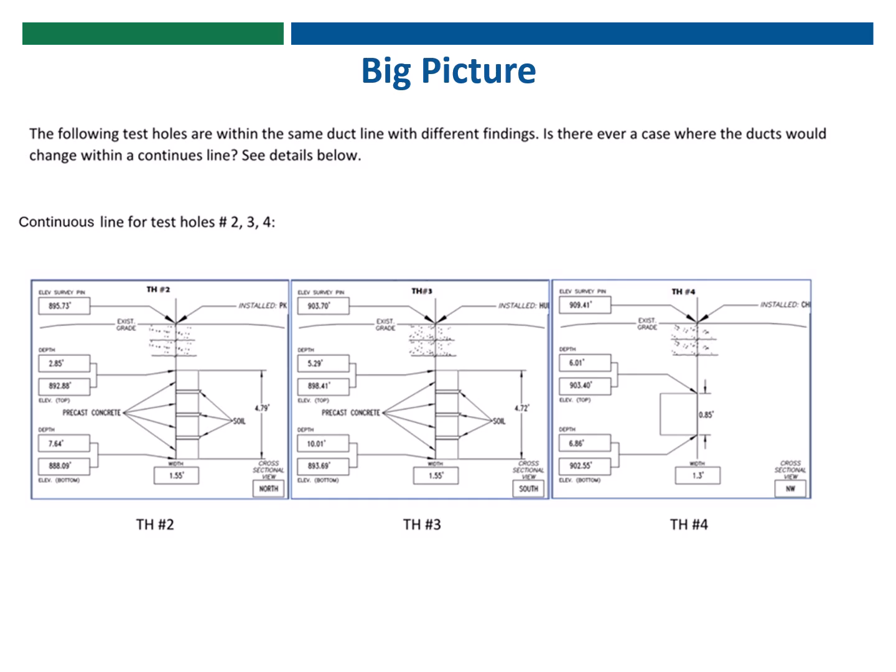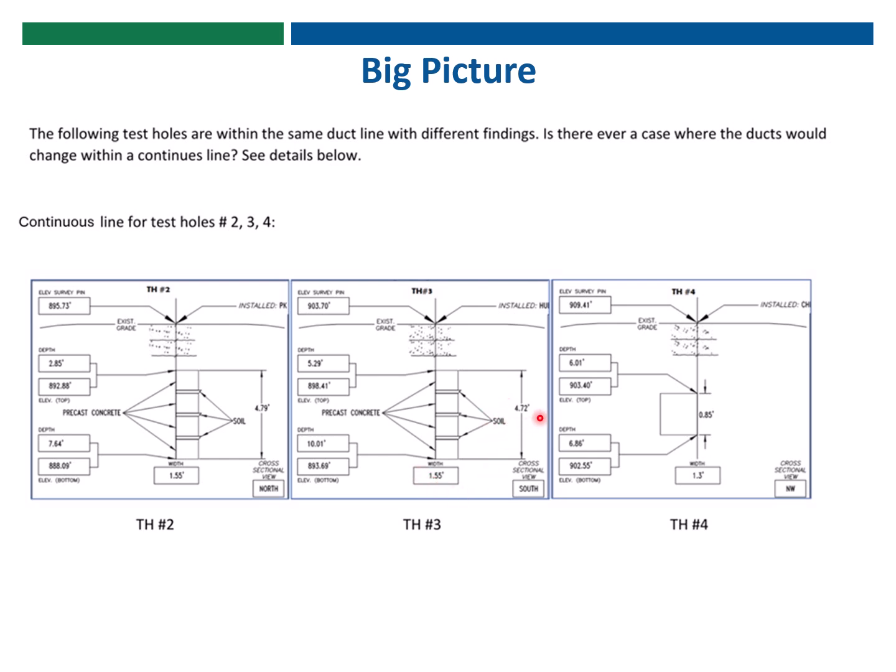On the slide, you will see an example of 3 test holes completed on a continuous duct bank, not separated by an appurtenance. So on the far left, test hole number 2, 4 ducts were found at a depth of 4.79 feet. Test hole 3, still 4 ducts were found at a depth of 4.72 feet.